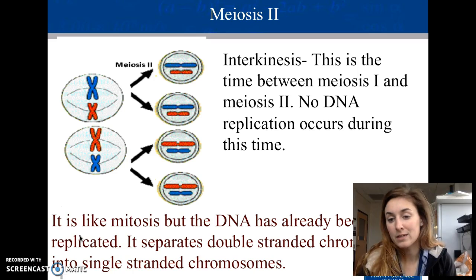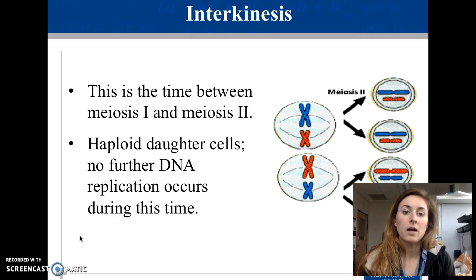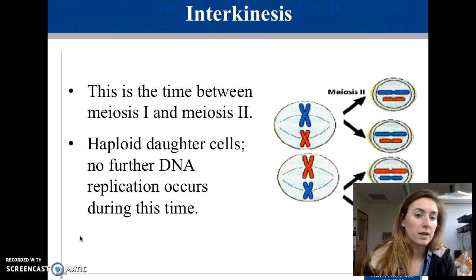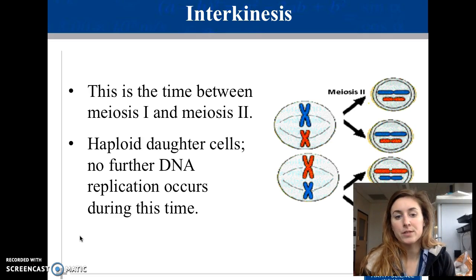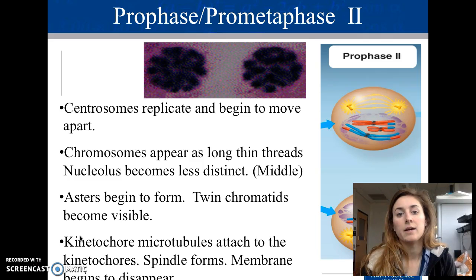So they will all end up with 23 single chromatids, which is half of the DNA that they need. They are haploids, 4 of them. Again, interkinesis between meiosis 1 and meiosis 2 is going to create haploid daughter cells because no further DNA replication happens.